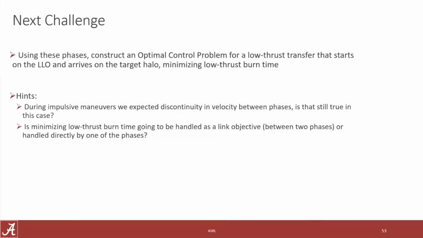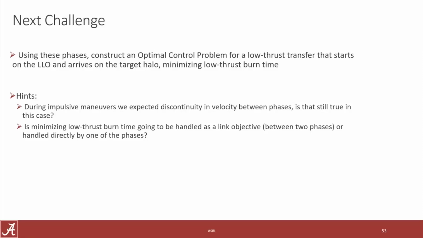So the challenge here is what we just gave time for: construct a transfer from those. There's discontinuity, so you were just asking about that. During impulsive maneuvers, there's discontinuity in velocity. Here, we are saying we're starting at some phase, then turning on a low thrust engine. So that's not true anymore.